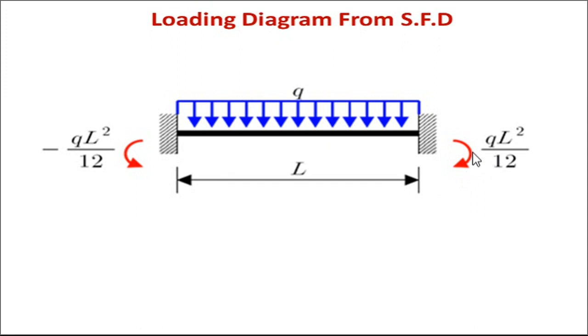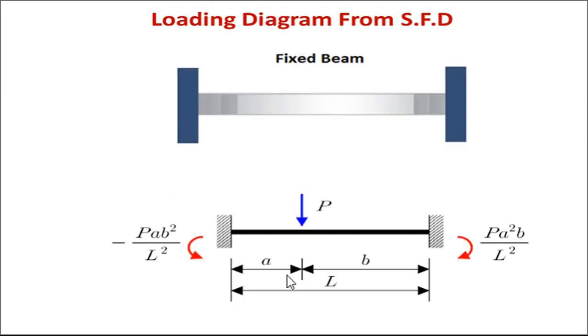So here we have determined the moments acting when a uniformly distributed load is on the beam. At that time this moment is QL square divided by 12. In the previous problem there was only a concentrated point load acting, and that's why the moment at its end is PAB square divided by L square.